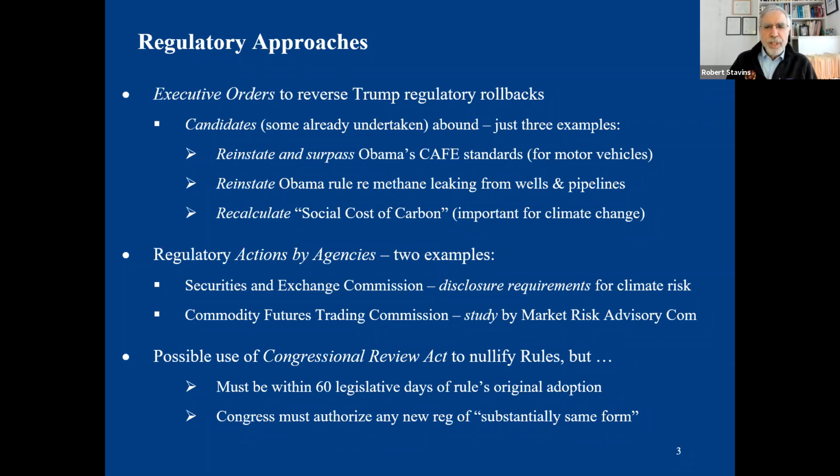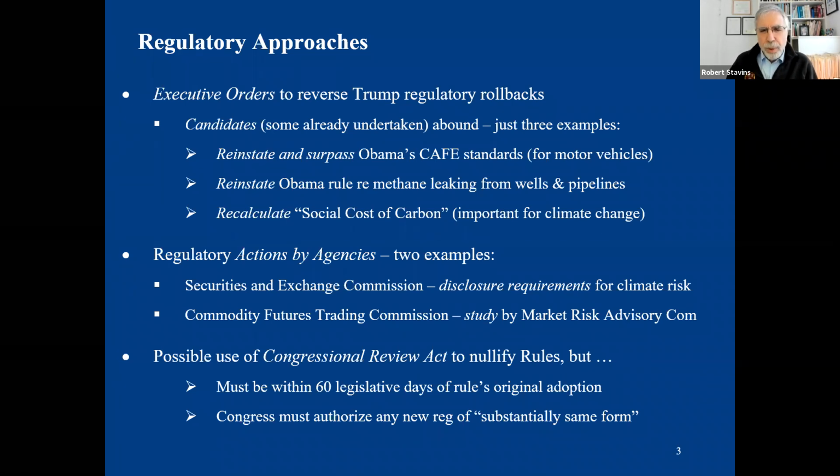One is at the Securities and Exchange Commission. The new chair, or the nominated chair, is very interested in disclosure requirements for climate risk, something we've seen in Europe. And at the Commodity Futures Trading Commission, the CFTC, they've already carried out a study by the Market Risk Advisory Committee looking at climate policy and climate implications.